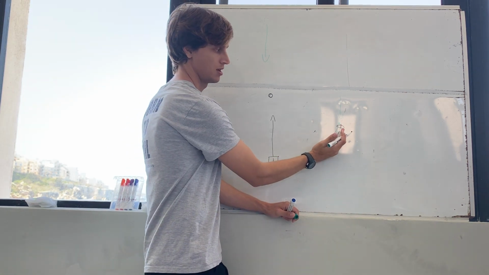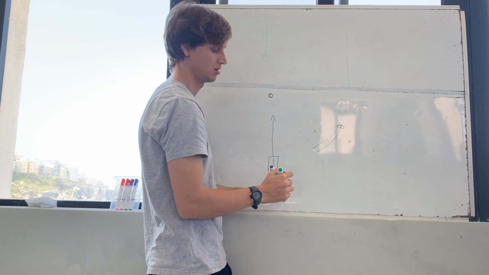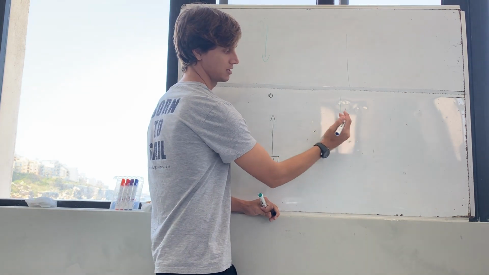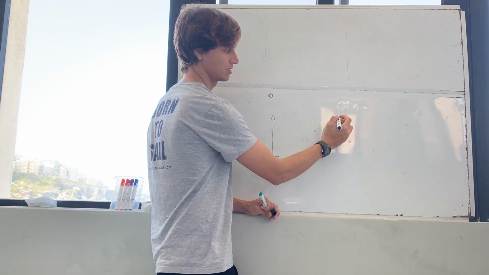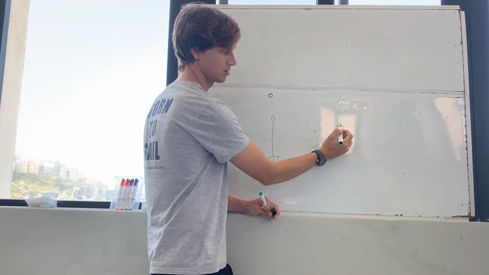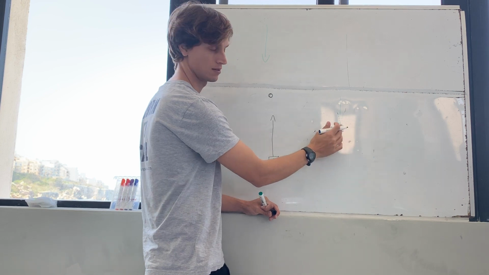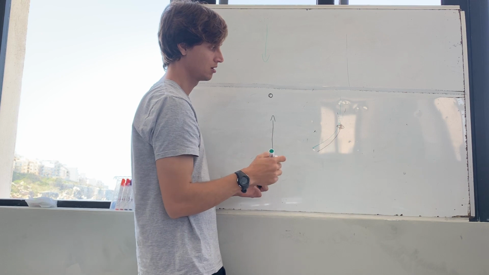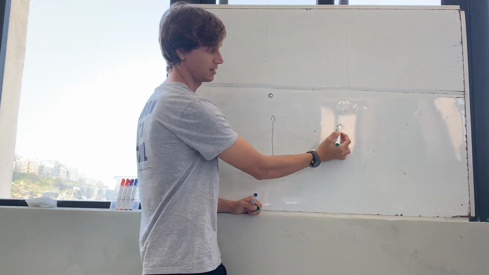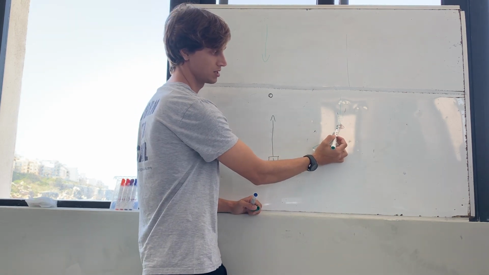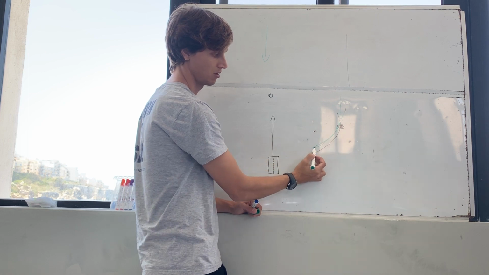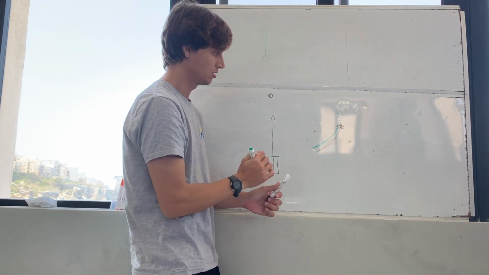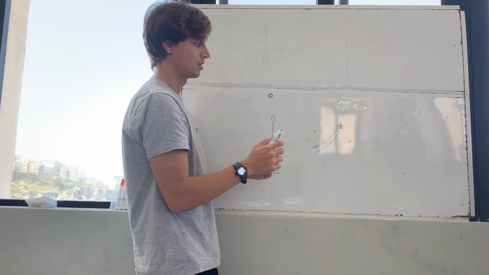If your sail is a bit more open, this part will be flapping. If this part is flapping, you're not using your entire sail, you're using just here to here. So you don't want that. You want to use the full sail.